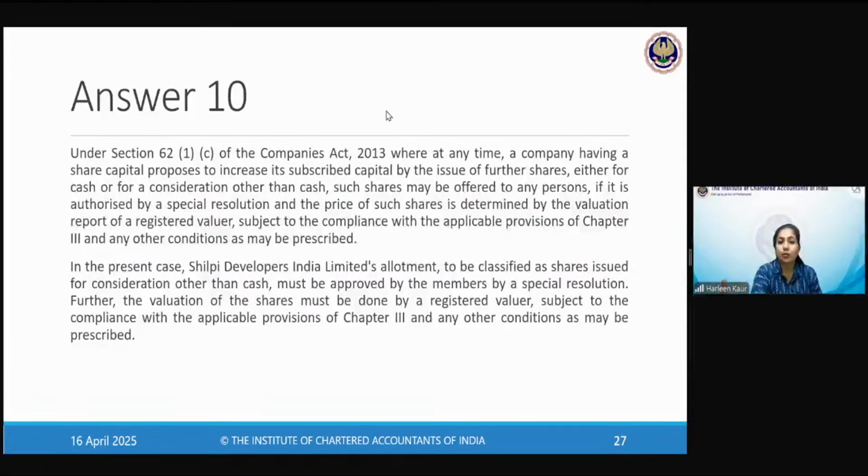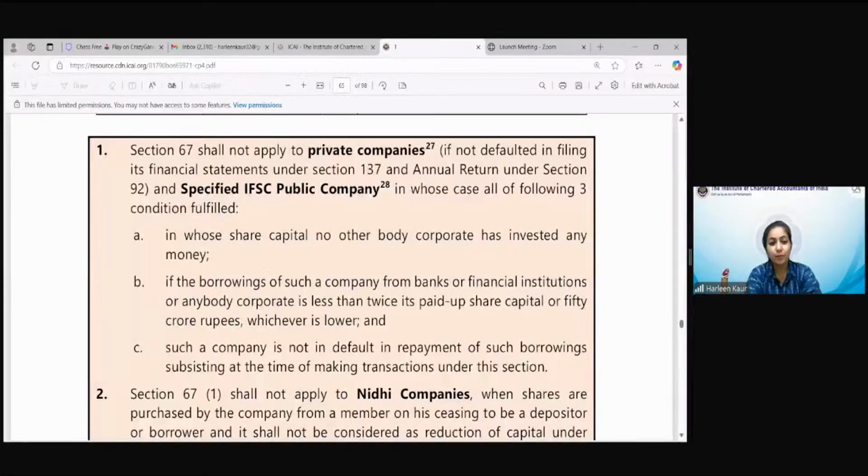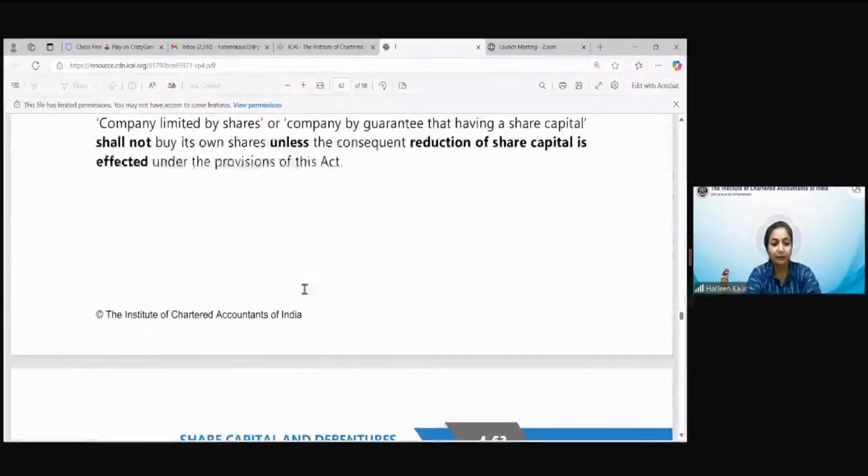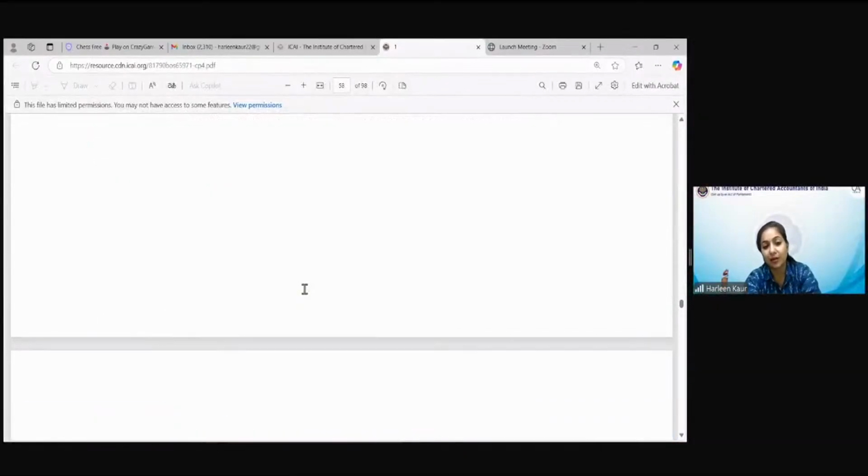Correct? Now, do you want to see where it is written in the chapter also? Should I show you? So what we have just read, in section 62 besides this.